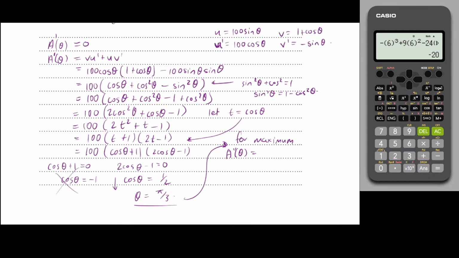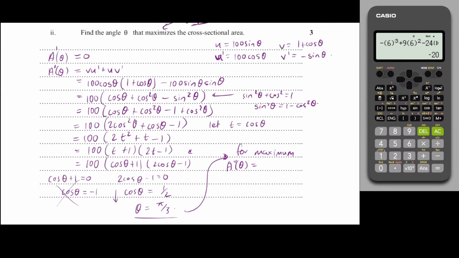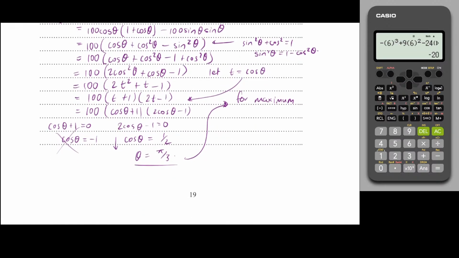I don't want to do this. Let's just test a point either side of it. That's another way to do it. To test if it's a maximum point, you just test a point either side of it.